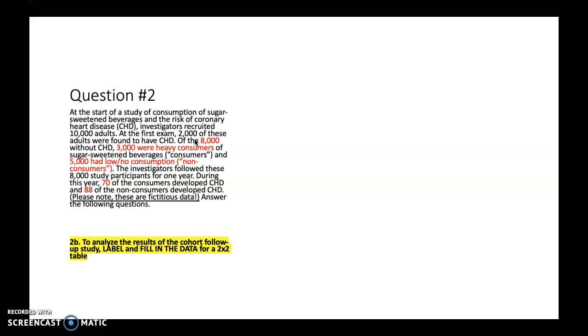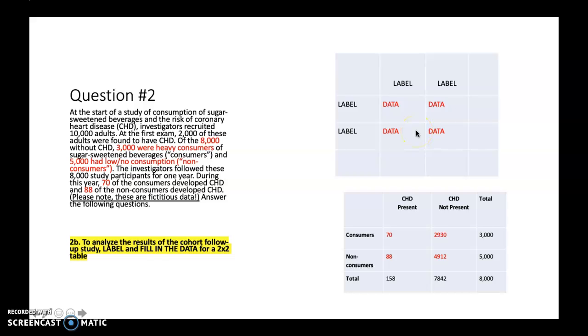So the next part of question 2 is to analyze the results of the cohort follow-up study, label and fill in the data for a 2x2 table. So we have the question information here, and then we're going to look at this blank table. And so here I've filled in, and I've highlighted over here some important information from our question.